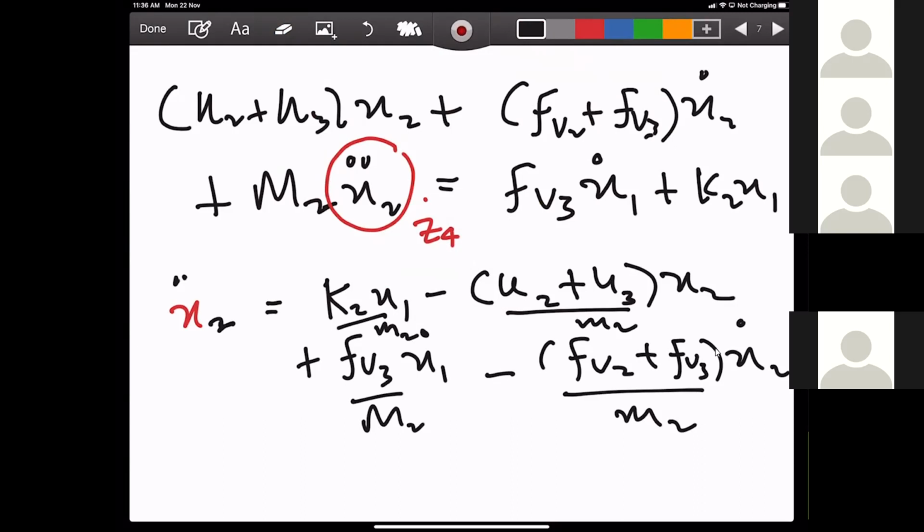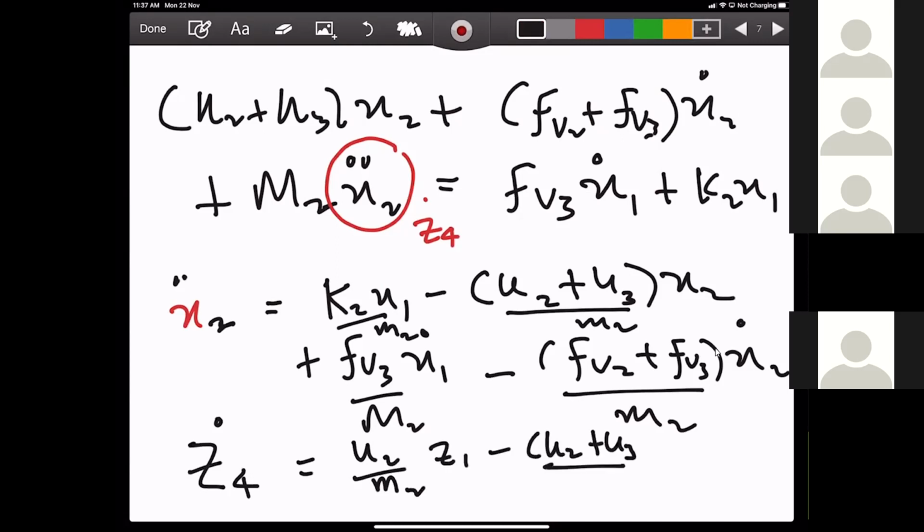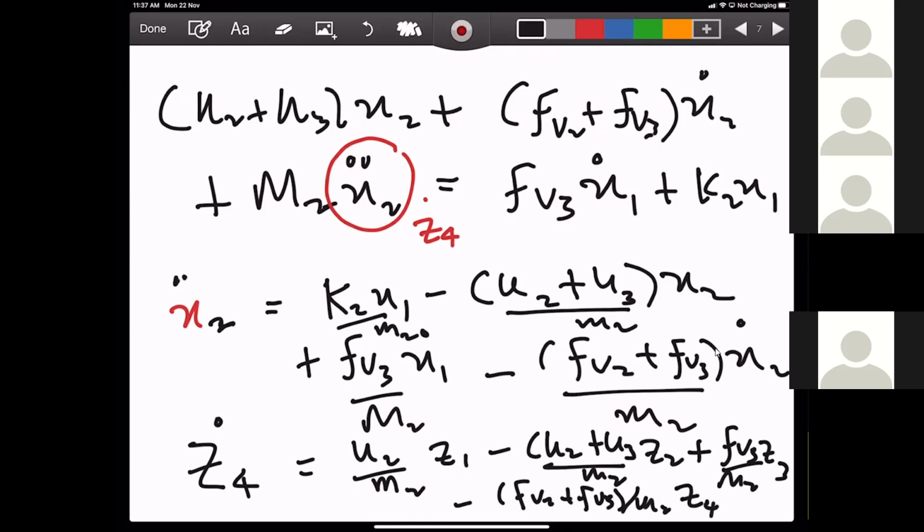So, from here, we can replace it with the notation Z4 dot is equal to K2 over M2 Z1, minus K2 plus K3 over M2 Z2, plus FV3 over M2 Z3, minus FV2 plus FV3 over M2 Z4.